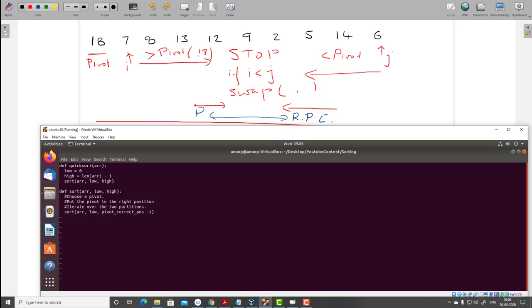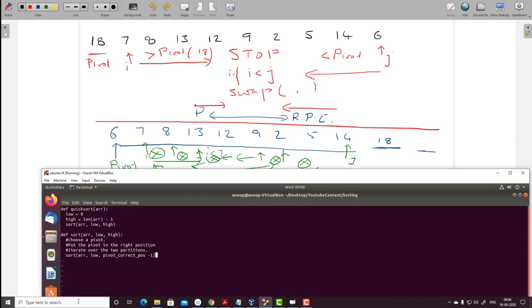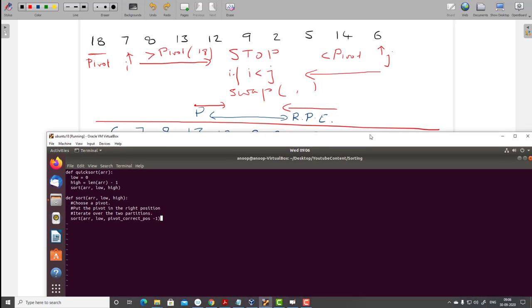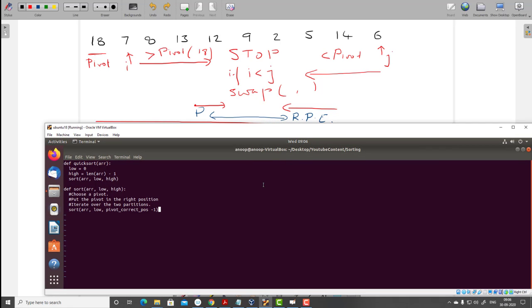So we are assuming that something magical has happened before this sorting, and once 18 has been put in the place, then from 6, which is the lowest element, till 18 minus 1th position, which is 14, we need to sort this array. And likewise we need to sort this one on the right side. In this case again there is no right here, but we have to do it.